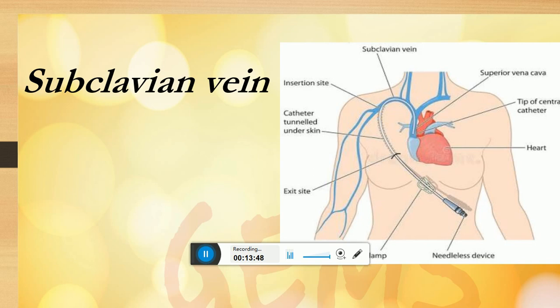Scalenus anterior, hope you remember the muscle, correct? It ends by joining the internal jugular vein to form the brachiocephalic vein, as I told you earlier during the internal jugular vein.